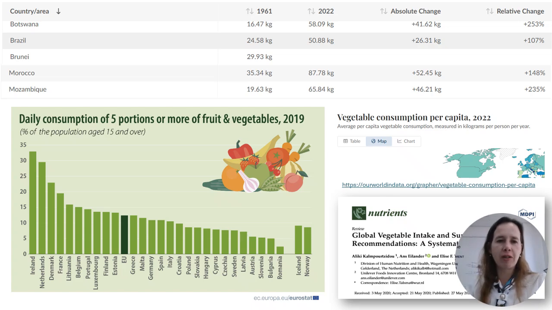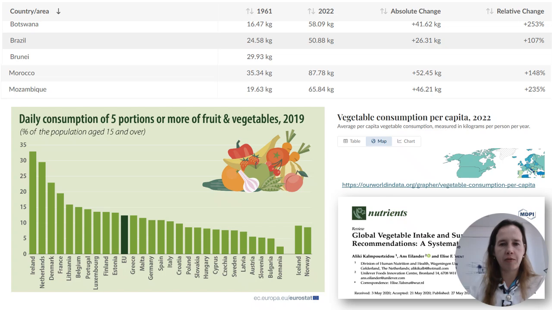But for example, Botswana as a representative from Africa, let's say. In 1961, we had 60 kilos, which is almost nothing. So it was very low consumption of vegetables in this country in 1961, and it increased a lot by 2022, by more than 250%.